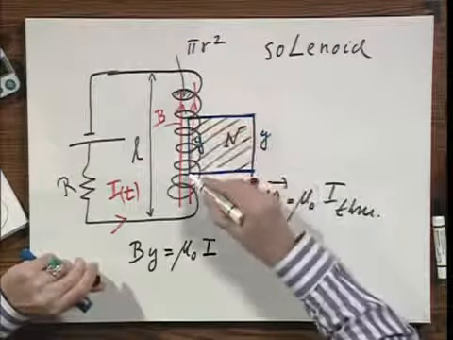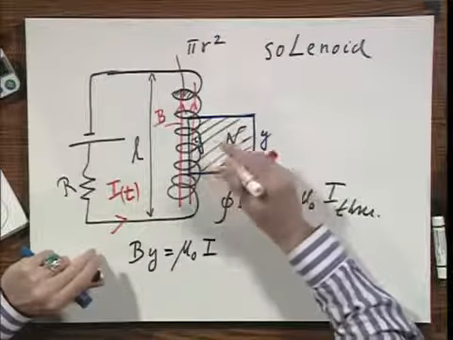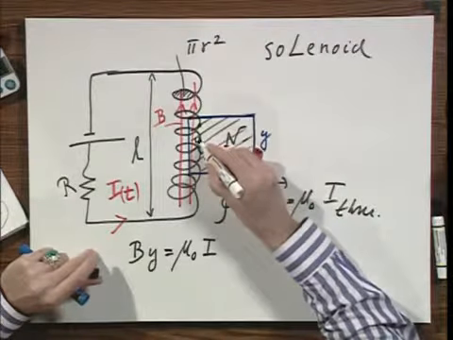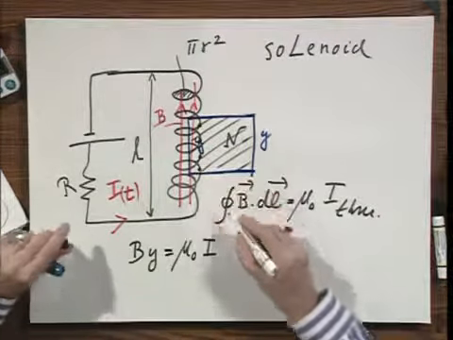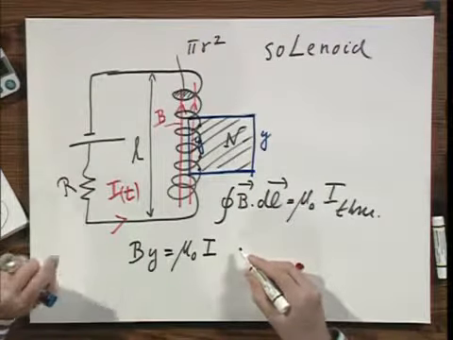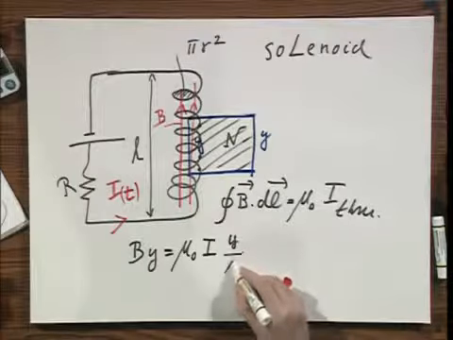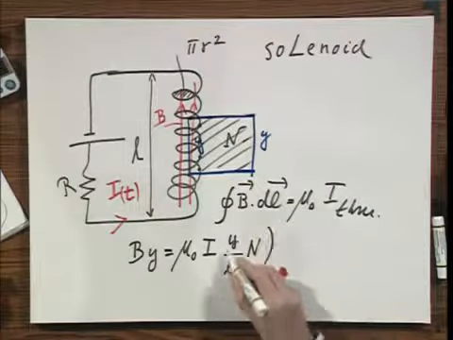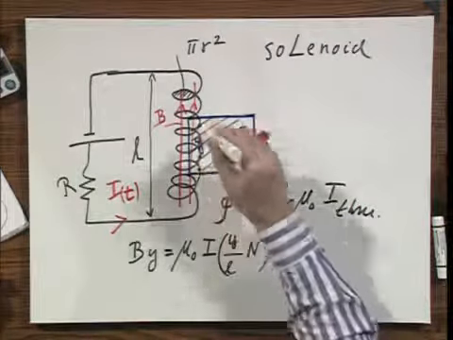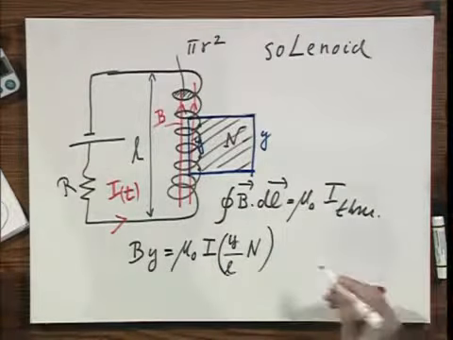But now this is a flat soap film, and the current penetrates several times through this soap film. How many times does it penetrate through this soap film? Y divided by L times N. This is the number of times that it pokes through. I have to take that into account in Ampere's law.